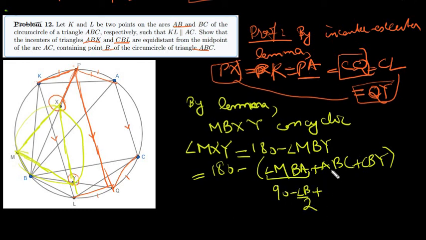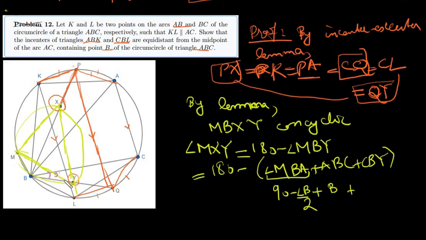And angle ABC is just angle B. So we have angle MBA, angle ABC, and finally angle CBY. So I'm just going to call CBY X for now, okay?